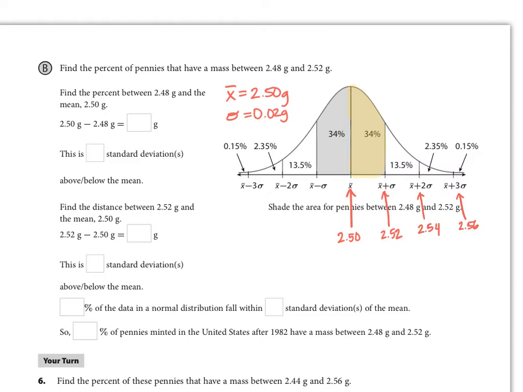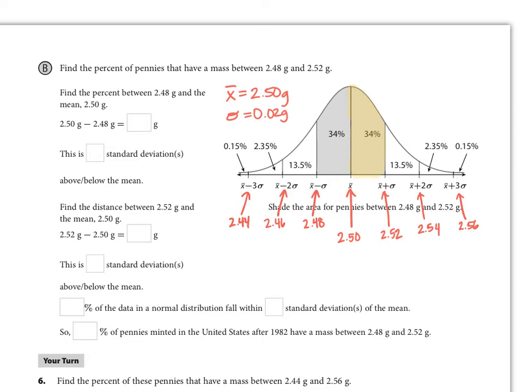Then on the flip side, if I just go on the left of it, I get 2.48 this time. Remember, I'm subtracting the standard deviation from the mean. Subtract it again, and I get 2.46. And then lastly, 2.44.